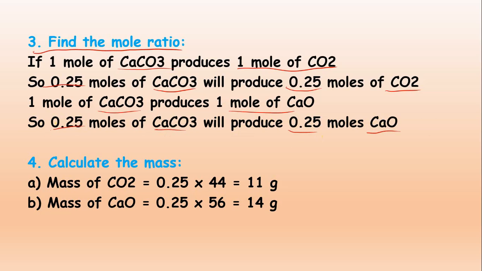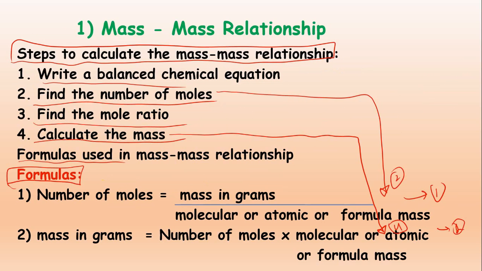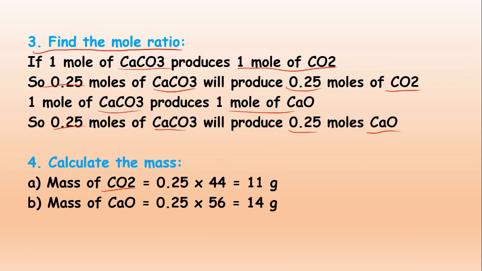Now we will solve step number 4, that is the calculation of the mass. The mass of the CO2 we can calculate with the formula I told you in this slide: number of moles multiplied by atomic mass or molecular or formula mass.